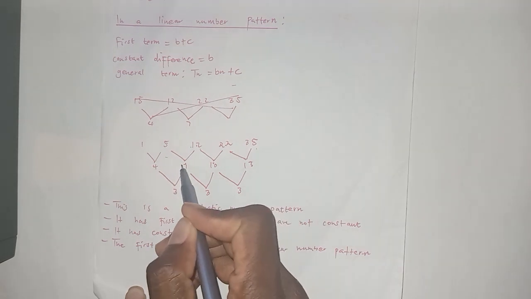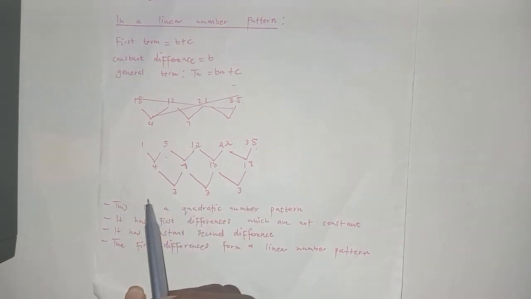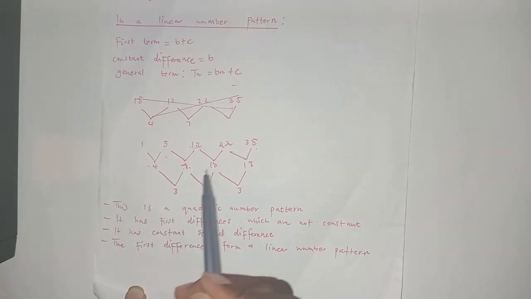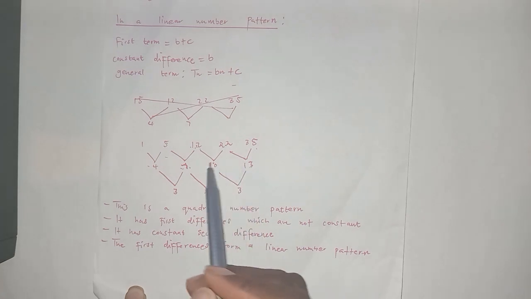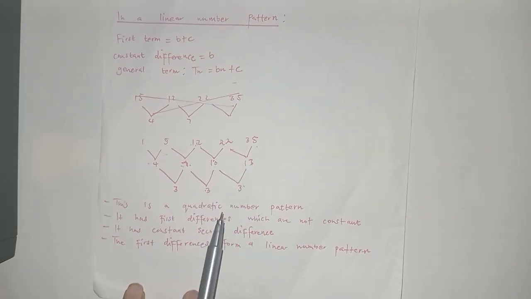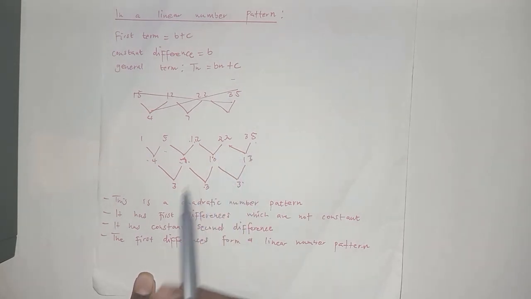So we move on. We find the constant difference between the differences of the first terms. The difference between that one and that one is 3, that one and that one is 3, that one and that one is 3. So we now have a constant difference. This type of number pattern is a quadratic number pattern because it has second differences.